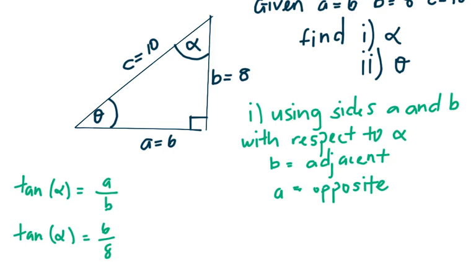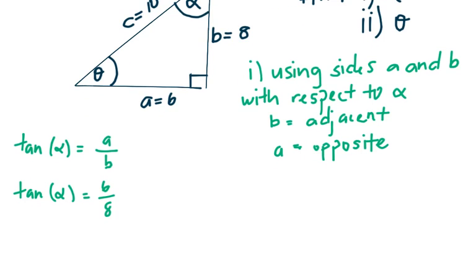At this point in time, we want to find alpha, which is in our function tan of alpha. In order to find alpha by itself, we have to take the inverse of the function tan. So we write that as alpha is equal to tan inverse of 6 over 8.